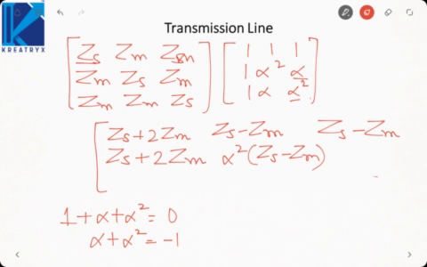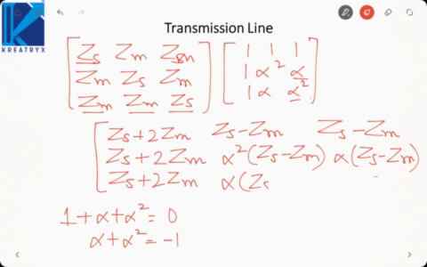Then Zm plus alpha Zs plus alpha square Zm, that will be alpha Zs minus Zm. The next term will again be Zs plus 2Zm. Then Zm plus alpha square Zm plus alpha Zs, that is alpha Zs minus Zm. And last, alpha square Zs minus Zm.